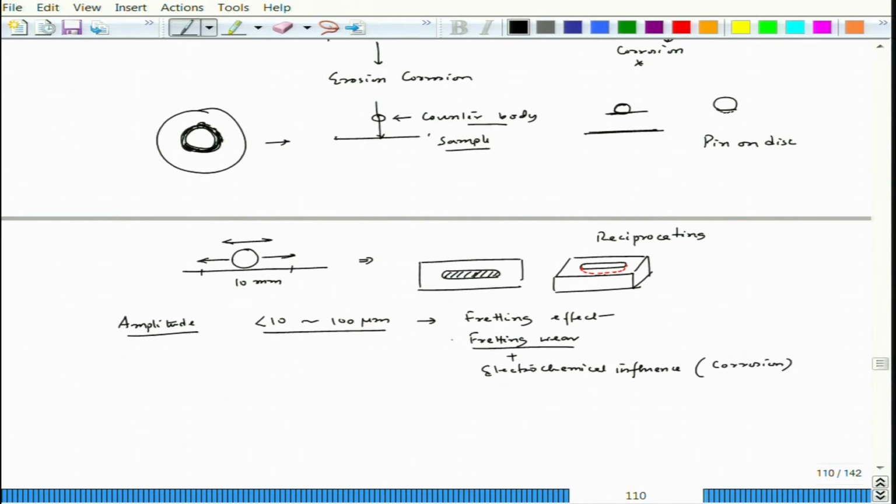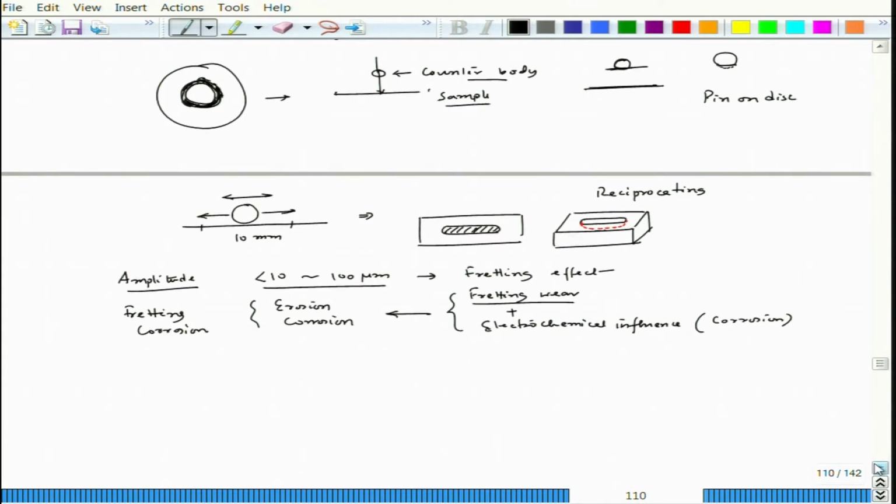So, the combination of this can develop a particular erosion damage, because it is wear plus corrosion. So, again it is becoming erosion corrosion. This is also an example of erosion corrosion, and it has a special name, fretting corrosion. We will talk about this fretting corrosion later.